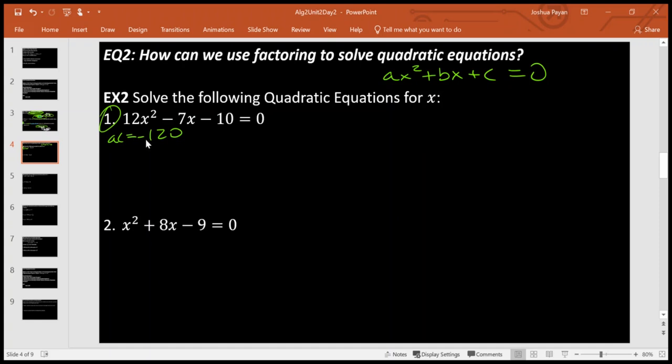And now we're looking for two numbers that will not multiply together, but combine together to give me this negative 7. Play with some numbers, 40 and 3. Obviously, that's not going to ever give me any kind of 7. 30 and 4, 60 and 2, yada, yada, yada. You keep on trying.